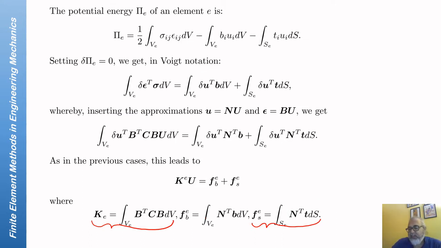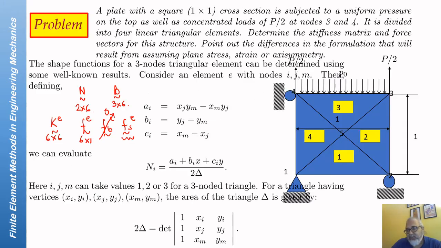So if it shares an edge with delta Vt, then only FSE comes into the picture. This is true only for element number 3. Element number 3 shares this edge with the edge of the body on which tractions are applied. For all other elements, FSE would also be 0.